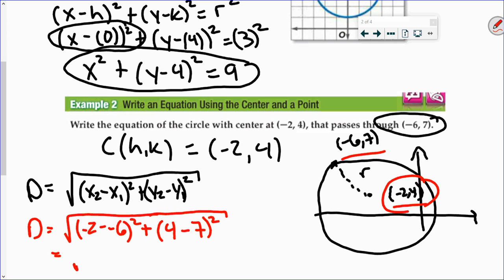This simplifies to -2 plus 6, so that's 4 squared, plus 4 minus 7, that's -3 squared.